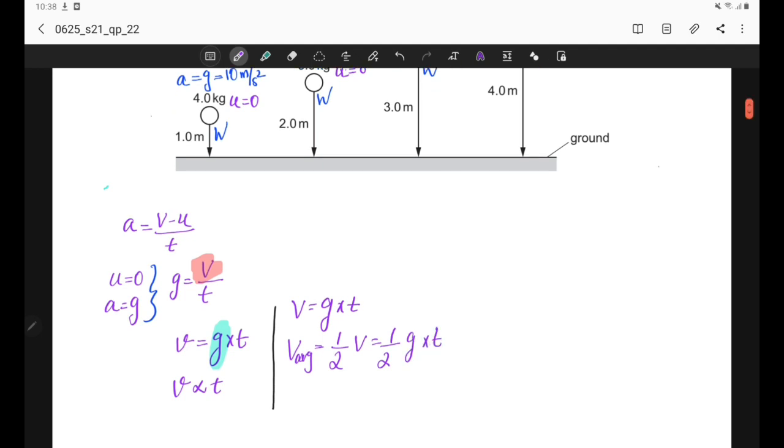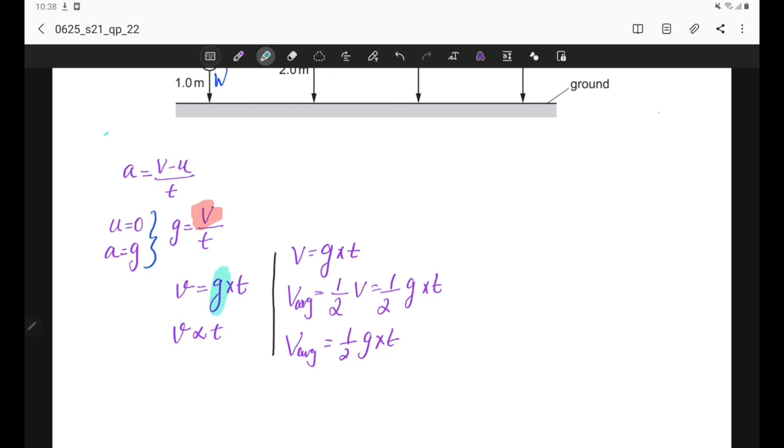So average velocity will be half times g times t. Again, half and g are constant values. Therefore, the average velocity or average speed of these balls is directly proportional to the time taken to reach the ground.